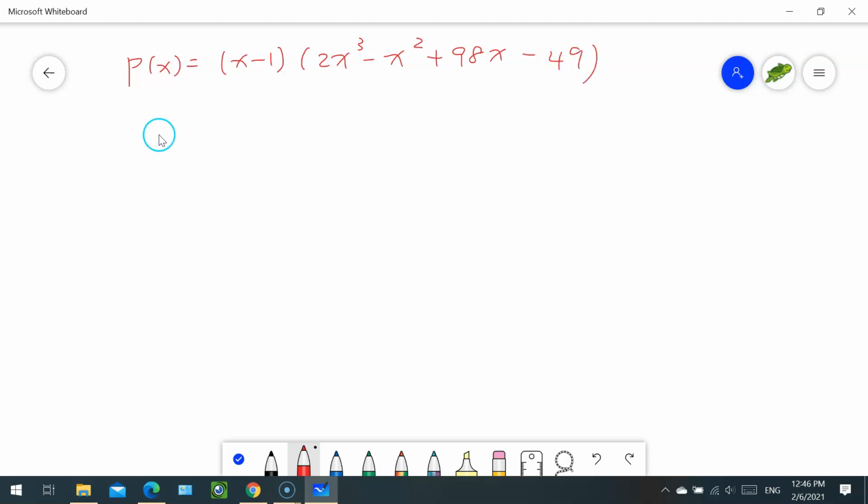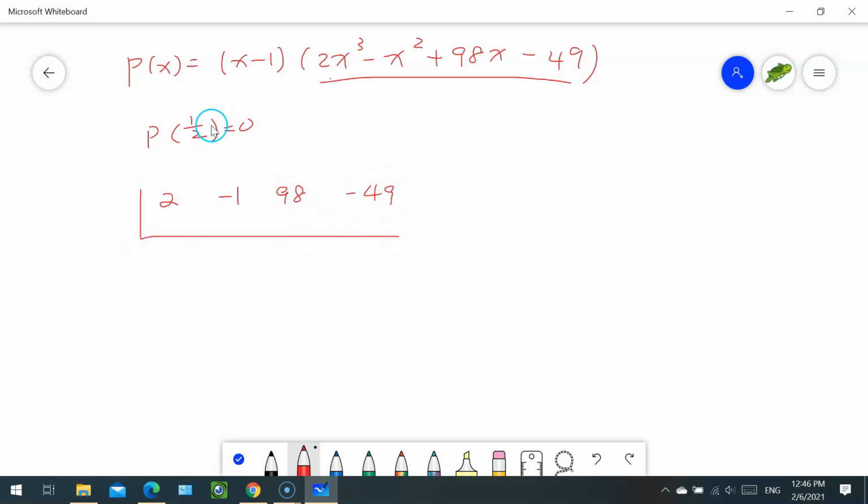Okay. Now we determined p of half is equal to 0 for this part of the polynomial, right? So we go with synthetic division to break down this part of the function by using the half. So the root is half.